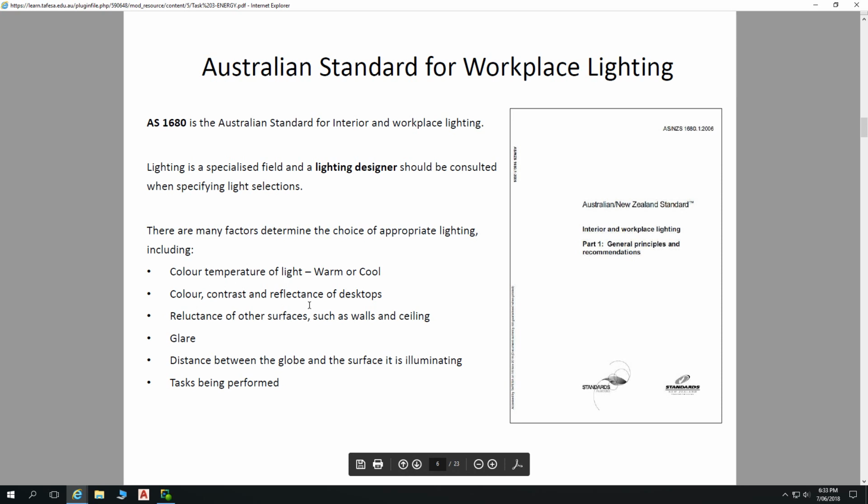Colour, contrast and reflectance of desktops is considered. Reflectance of other surfaces such as walls and ceiling. Glare is considered. Distance between the globe and the surface it's illuminating is an important one in determining how many lumens a light globe needs to be. And also the tasks being performed.